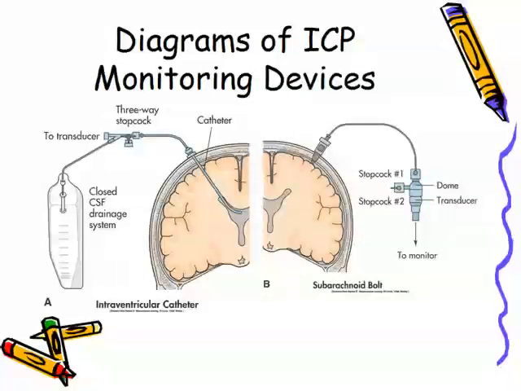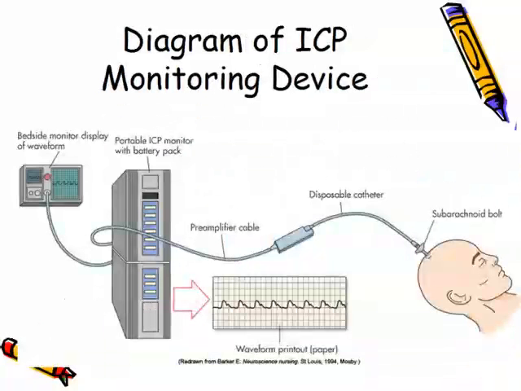So it's similar, I guess, in theory to what we do with art lines or Swan-Ganz catheters to monitor hemodynamic status and volemic status within the body, only this is checking for ICP measurements within the brain. This is just another example of an ICP monitoring device, showing you down at the bottom of the slide the waveform printout.